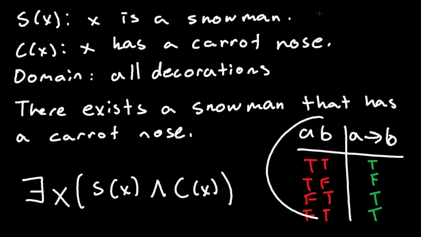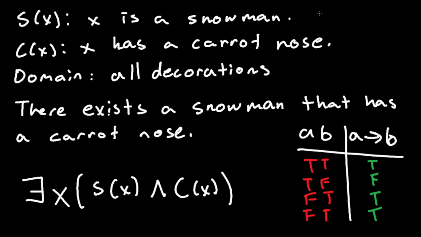Now, hopefully this helps, but this right here is the truth table for the conditional statement, right? And the truth table for the conditional statement has a false only when the condition is true and the hypothesis is false. Now, here's the thing. This isn't a conditional. And the reason why it's not is because the conditional is true when the hypothesis or the condition is false.